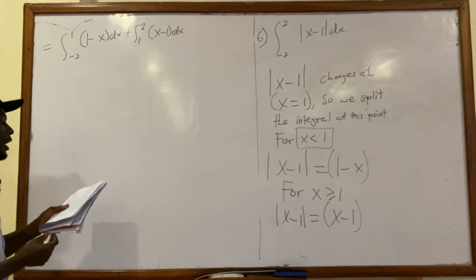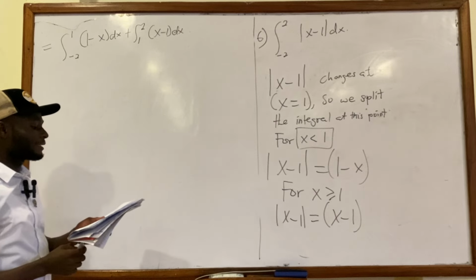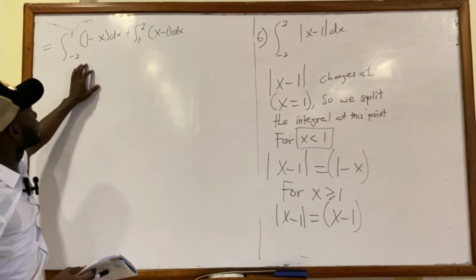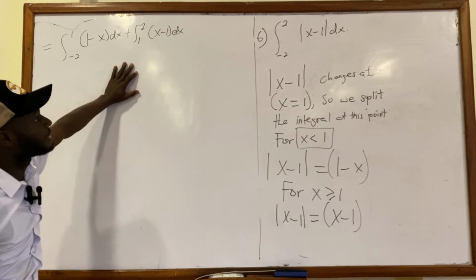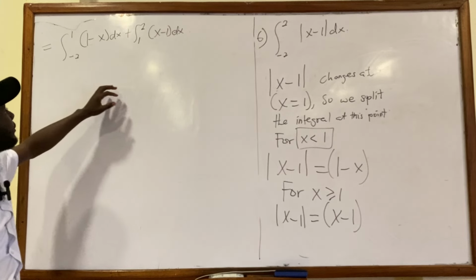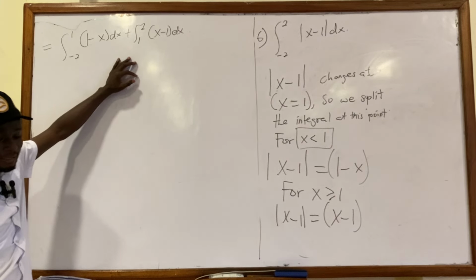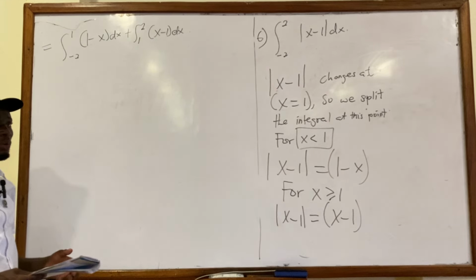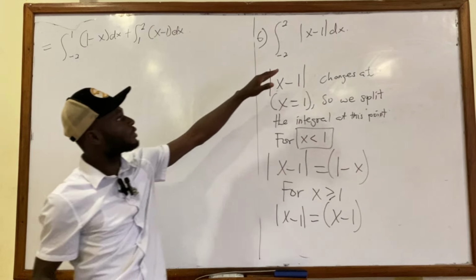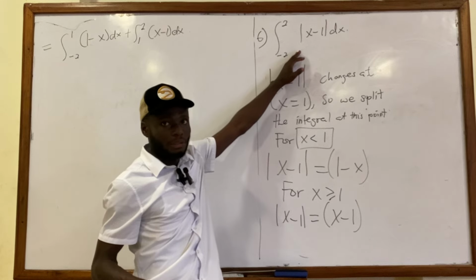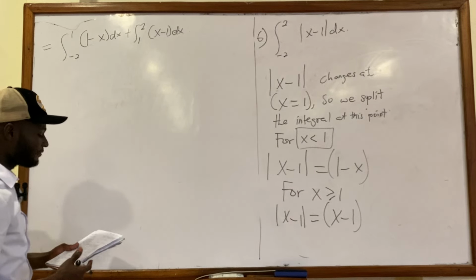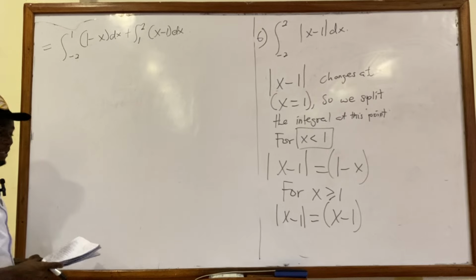Right. So now we evaluate each integral separately. When we evaluate each integral separately, then we are going to have the total evaluation of this particular absolute integral. So now let's evaluate each integral separately.